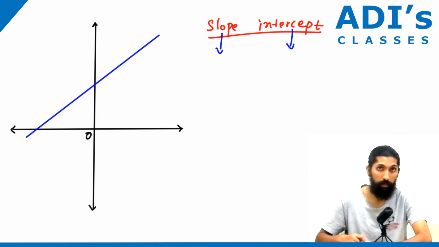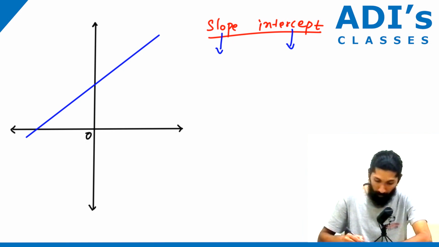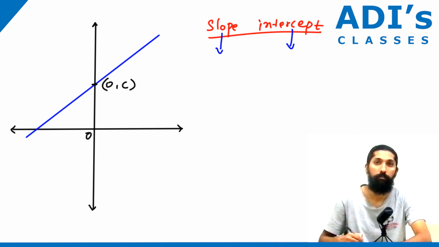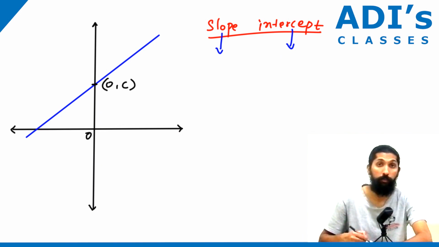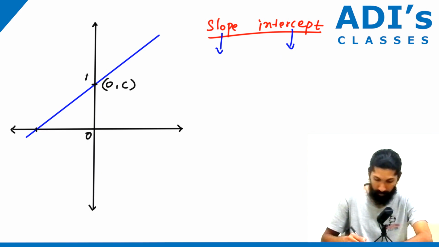Let's assume the point where it cuts the y-axis is 0, c. Now the point where it cuts the x-axis: assume this point is A, and this point is B. Say this point is x, 0.